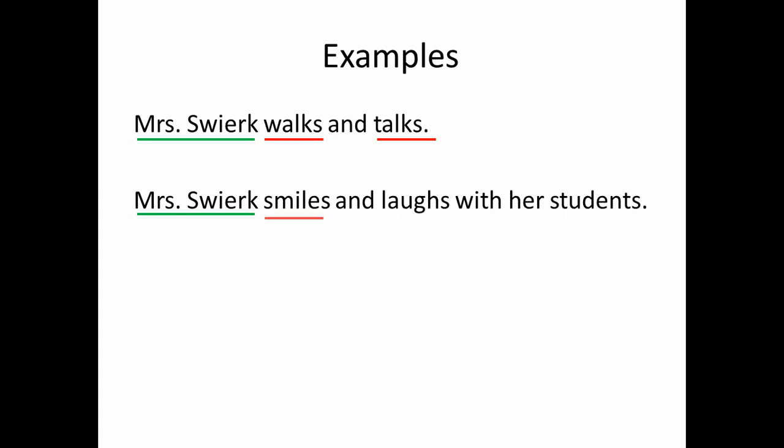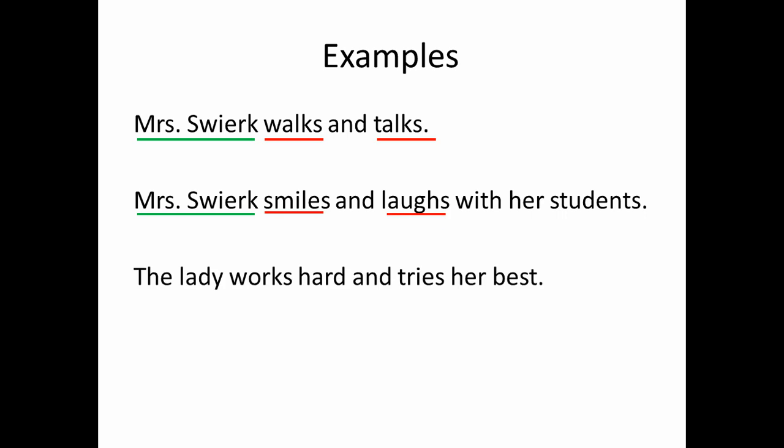She smiles, and she also laughs with her students. The lady works hard and tries her best. Who is the sentence about? It's about lady, and there are two things that she does. She both works and tries. Notice that there are some additional words in between. You're going to want to look for those two actions.